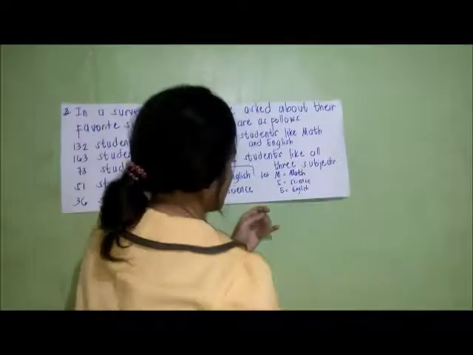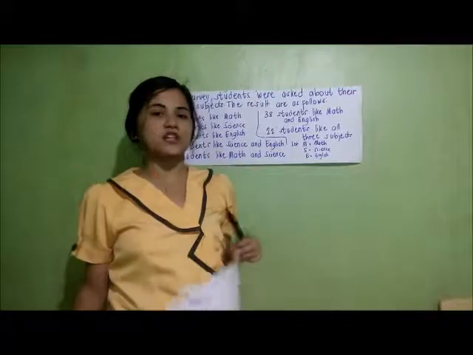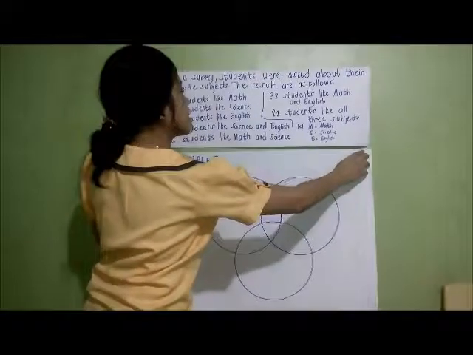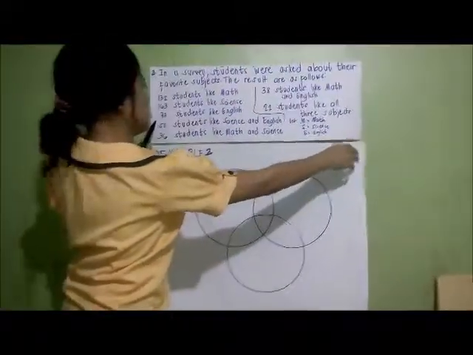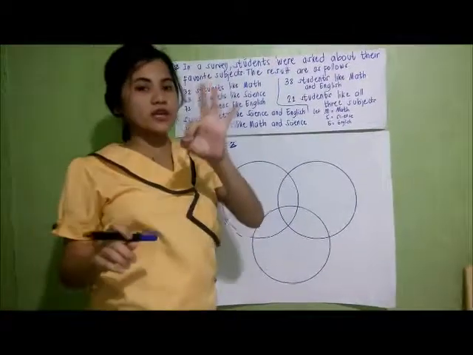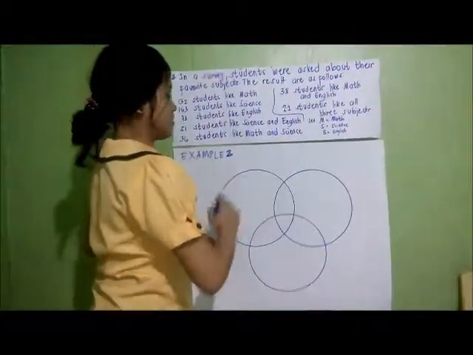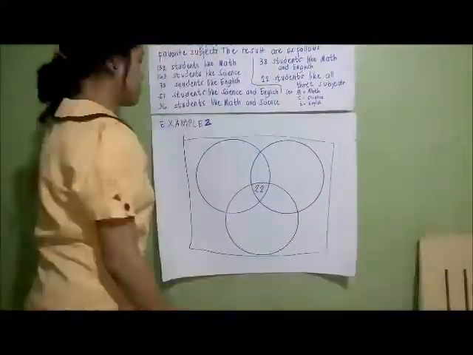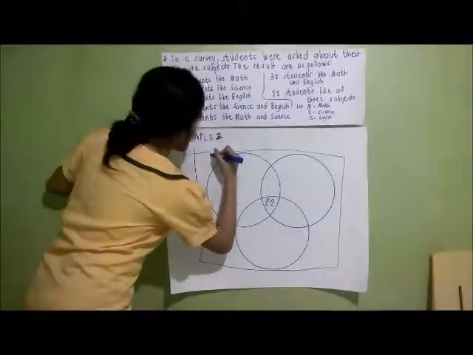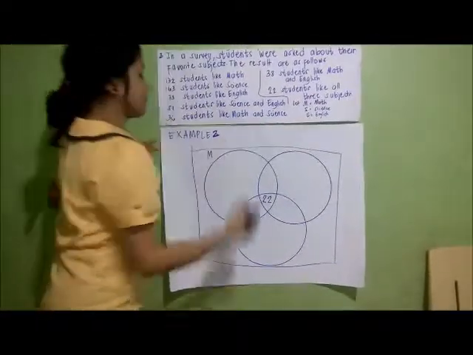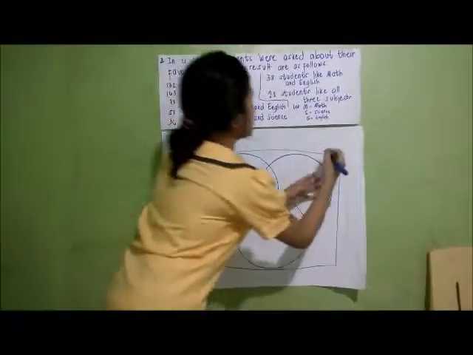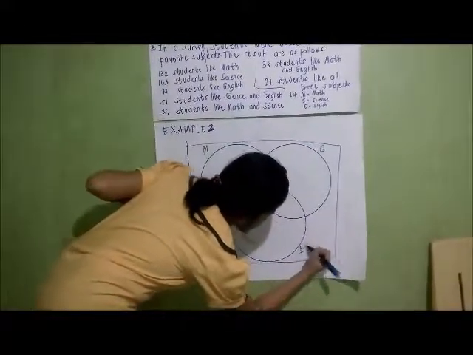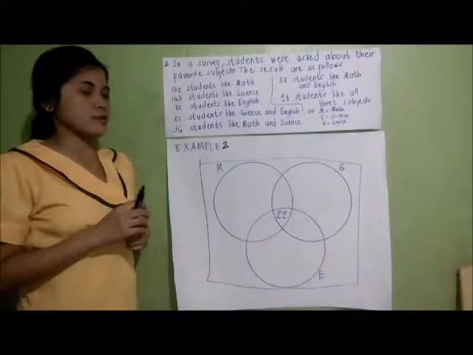Step 3, create a Venn diagram to illustrate the problem. So here is our Venn diagram for this problem. Since we have 3 given sets, we have 3 circles in our Venn diagram. Let this circle be the set M, the number of persons who like math. This circle is for science, and this circle is for English.